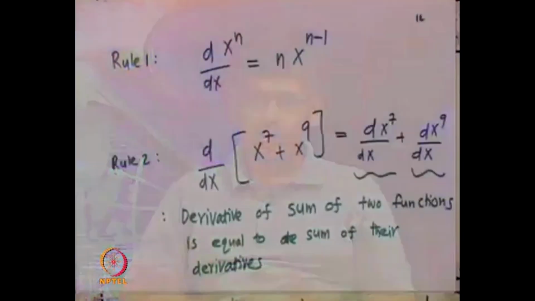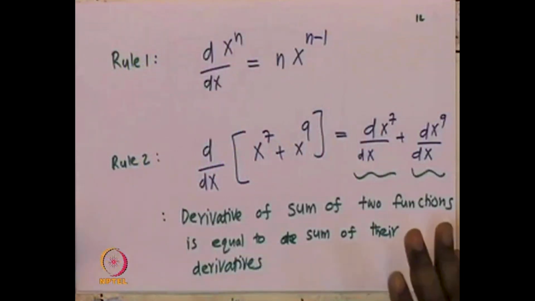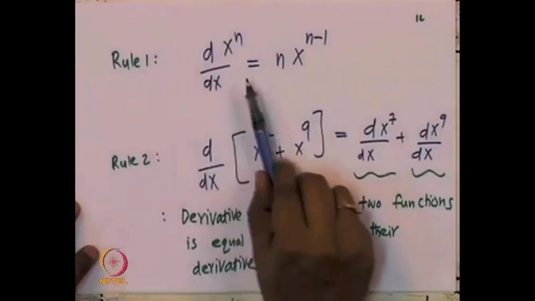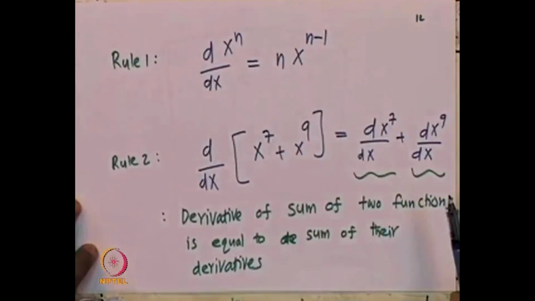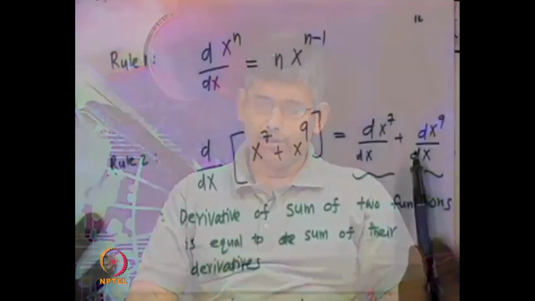So, to summarize today's lecture, we should just revisit those two rules which we saw. The take home message from today's lecture is that the derivative of x power n is n x power n minus 1, and derivative of sum of functions is basically sums of their derivatives.